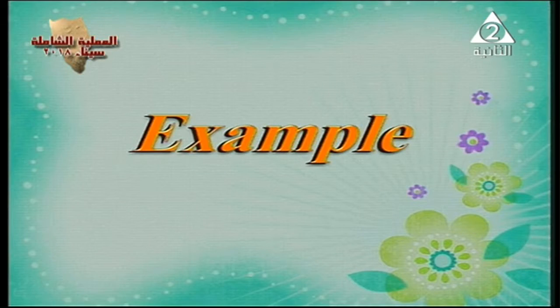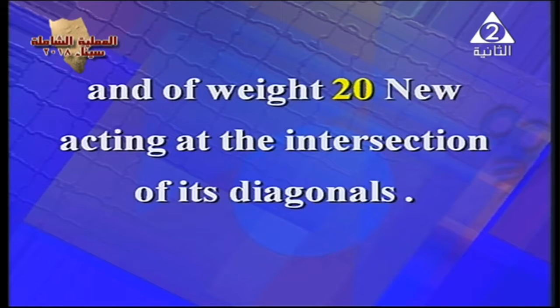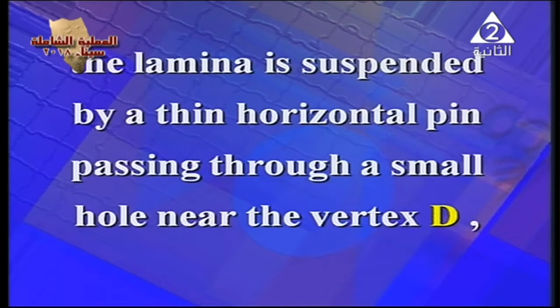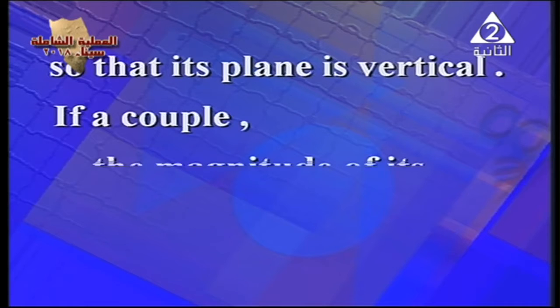Now we move to another example. ABCD is a fine lamina in the form of a rectangle in which AB equals 18 centimeter, BC equals 24 centimeter, and weight 20 Newton acts at the intersection of its diagonals. The lamina is suspended by a thin horizontal pin passing through a small hole near the vertex D, so that its plane is vertical.